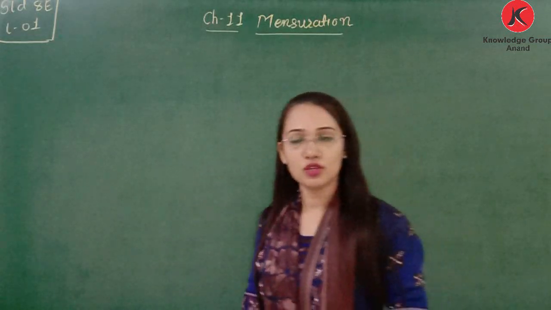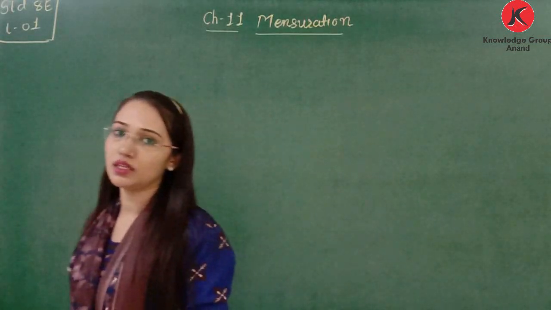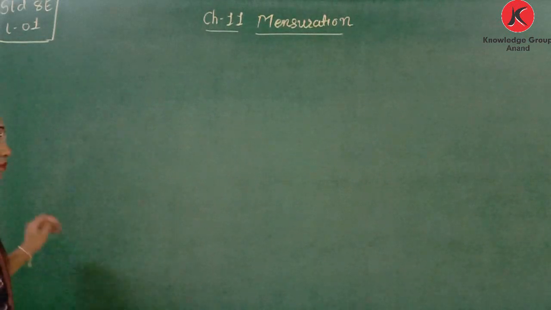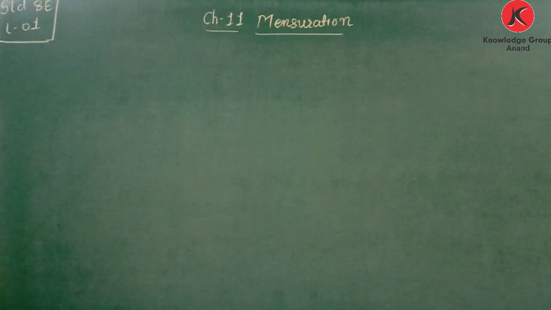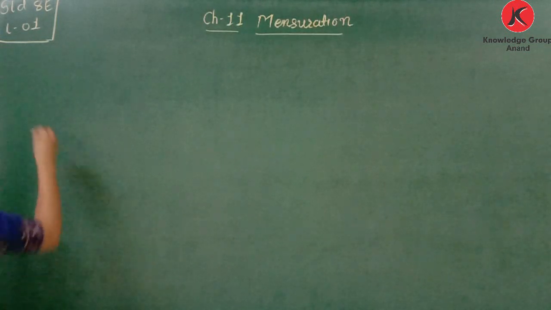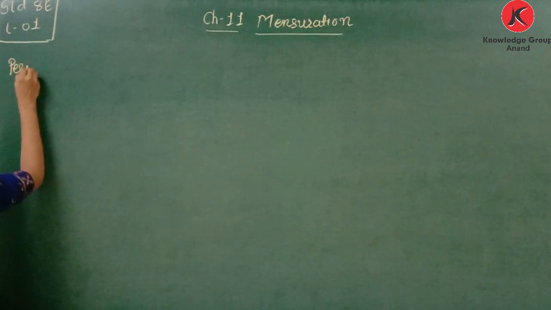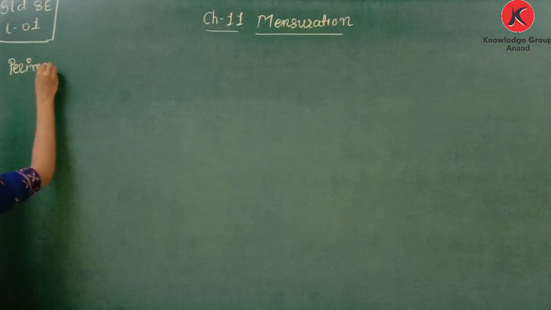Okay, so mensuration means what? It is measuring different quantities like perimeter. So what is a perimeter? Perimeter is the outer boundary. So we can say, what is perimeter?